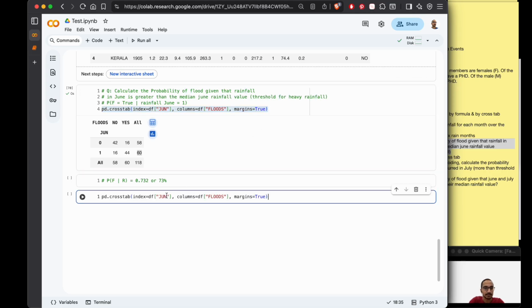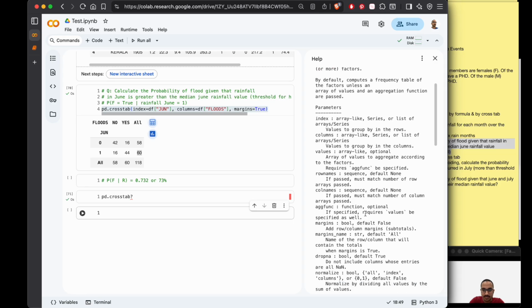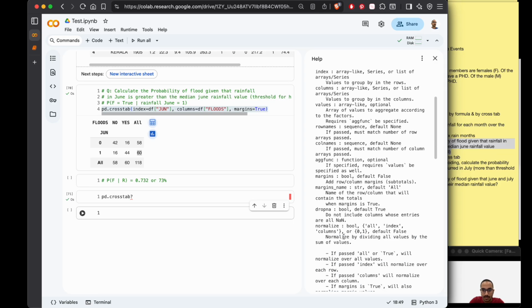So if you see the Crosstab docs, there is a keyword called normalize. So if you see, what it does is, it's a boolean, it takes all is same as true, and it takes index and column. So what normalize does is it gives us the proportions, percentages.